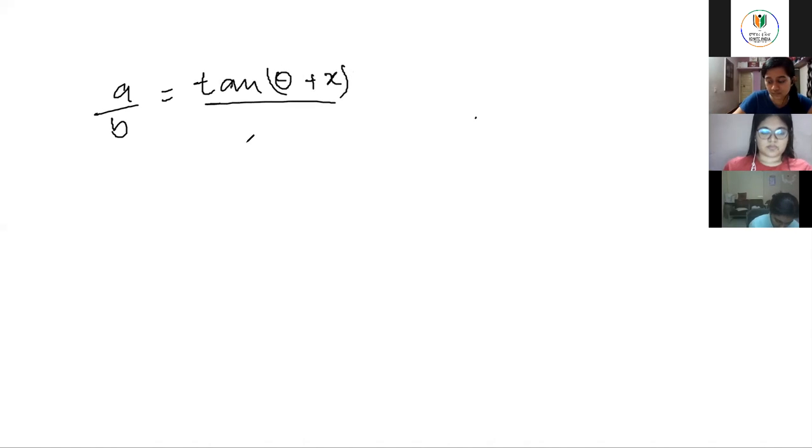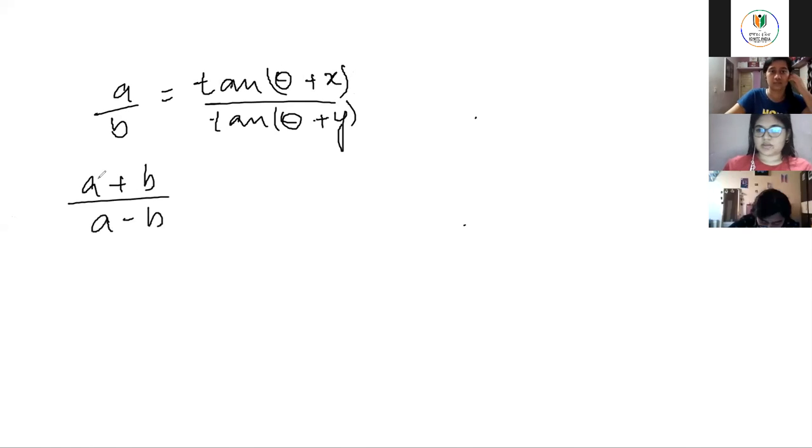And this is also equal to one more thing. If a by b is written as (tan theta plus x) divided by (tan theta plus y), then if you're doing a plus b and a minus b here in the LHS part, you can just repeat the same here.